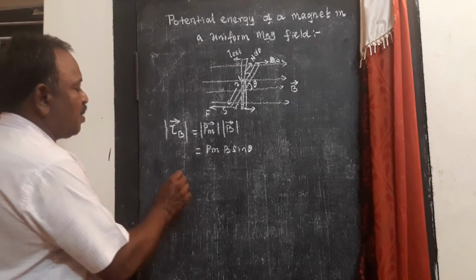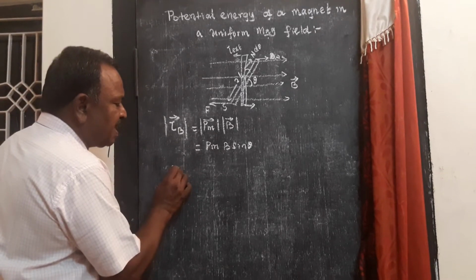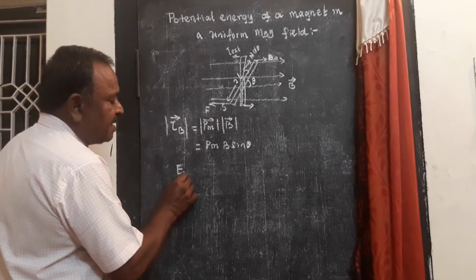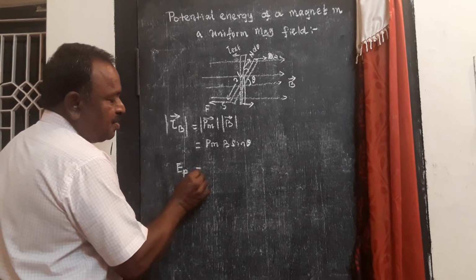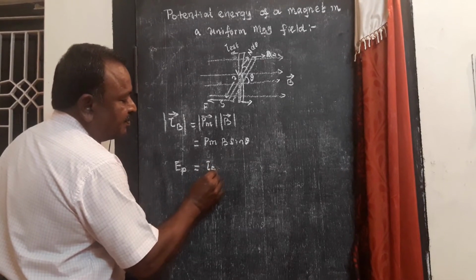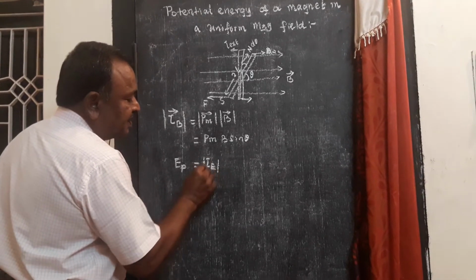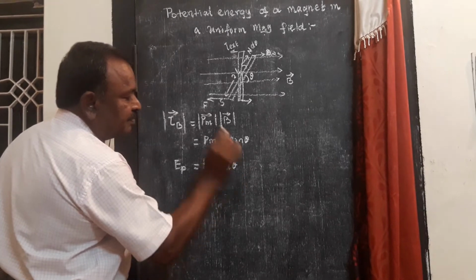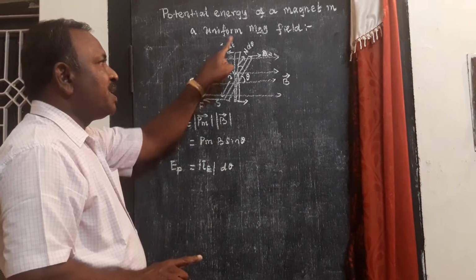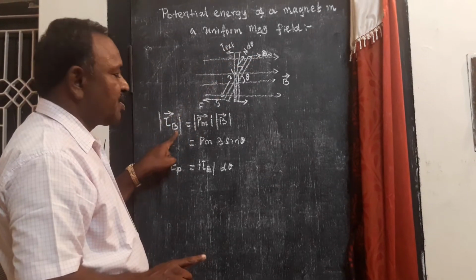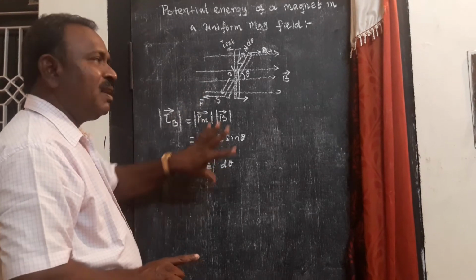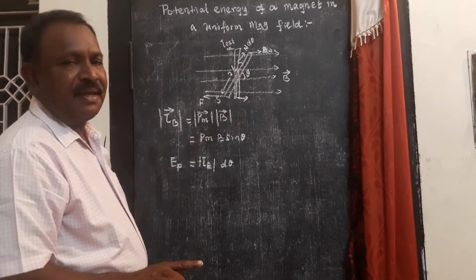So the potential energy possessed by this magnet is given by Ep is equal to external torque into d theta. This external torque must be equal to the torque due to the magnetic field. Then only that magnet will rotate through an angle d theta.